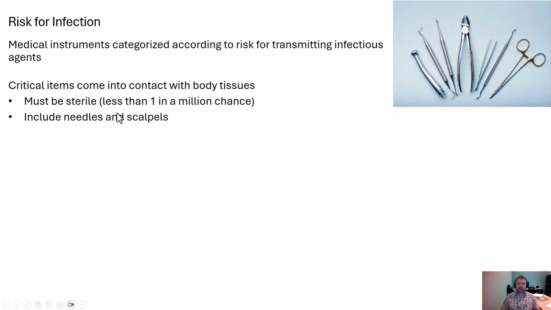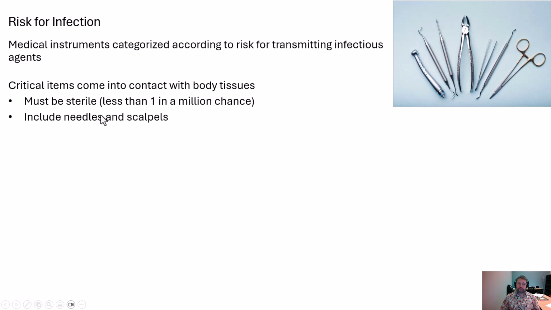That sterile category, normally we say something is sterile if there's less than a 1 in a million chance that there's a microbe on it. So if you were to take, say, a scalpel and you swabbed that scalpel and tried to grow on a media plate whatever was on that scalpel, you could grow 1 million plates and not have a single count of something being on that scalpel.